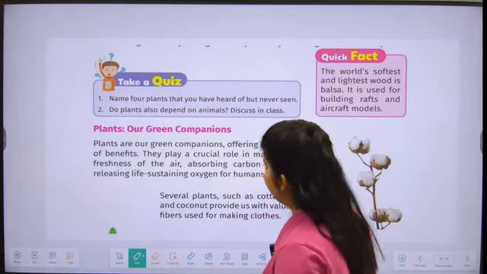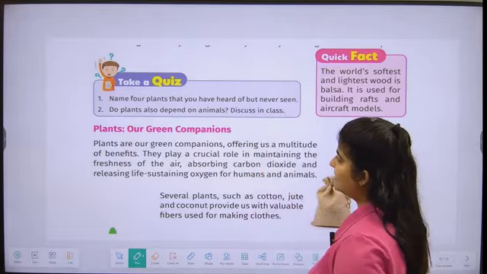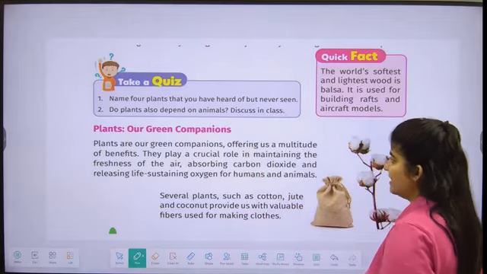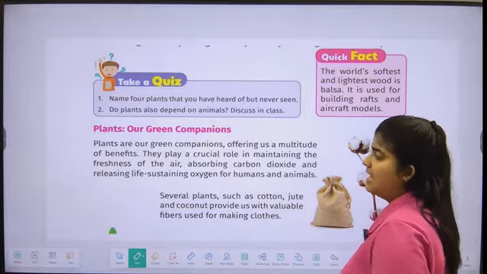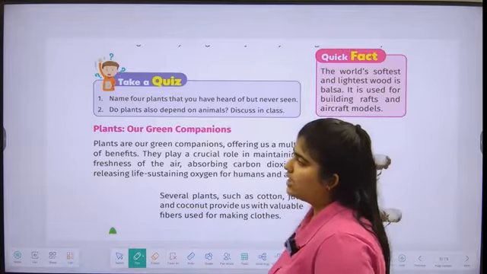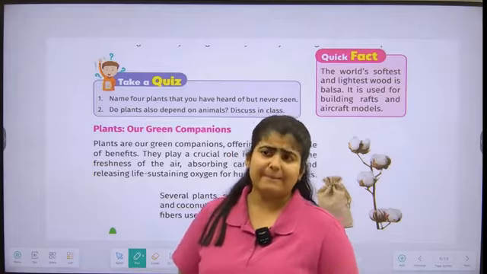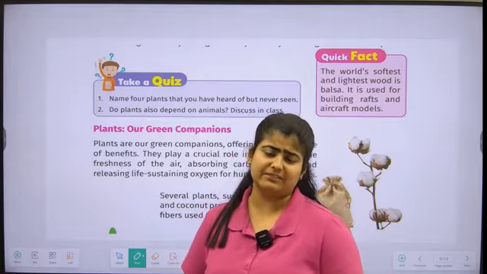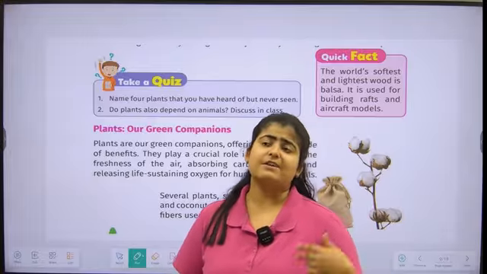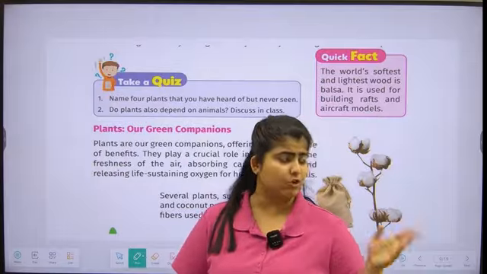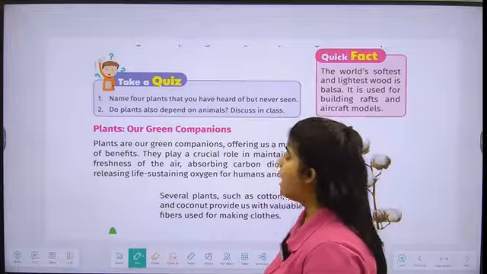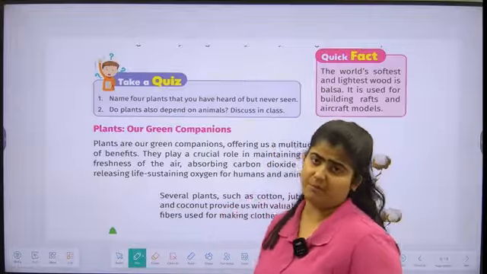Plants are our green companions, offering us a multitude of benefits. Not just food or oxygen, we also get various benefits: we get paper from trees, we extract rubber from rubber trees, we extract cotton from trees, and medicines are extracted from trees.